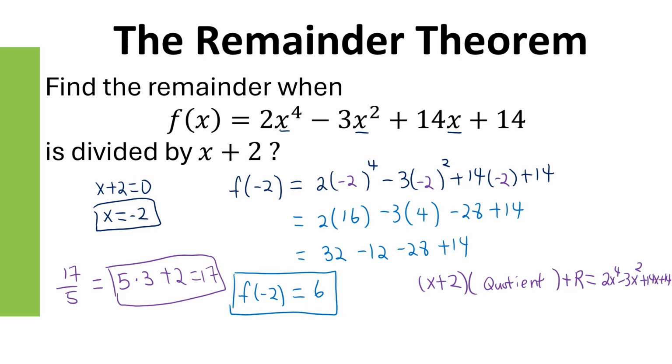If we plug in negative 2 for x like we did earlier, then negative 2 plus 2 becomes 0, and 0 times anything is 0. So this side is just the remainder, which equals f of negative 2. And that is exactly what we did. This is the reason why the remainder theorem works.